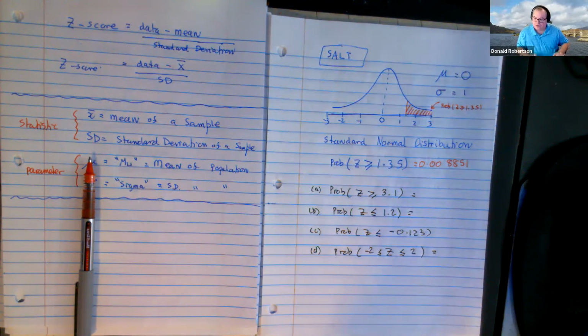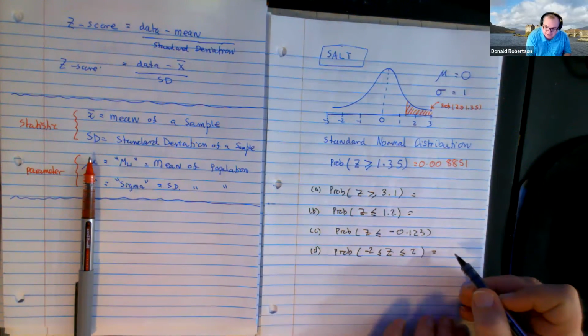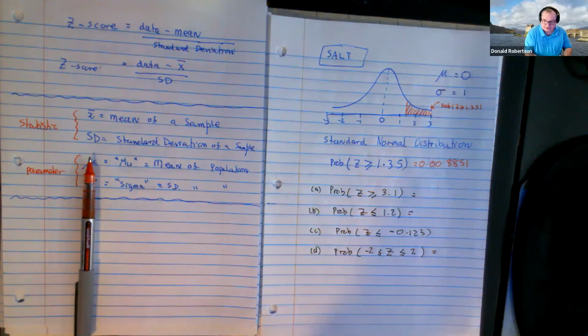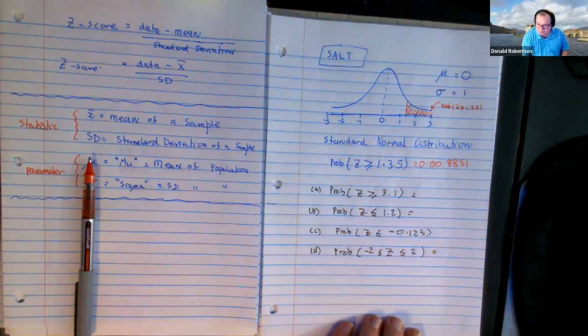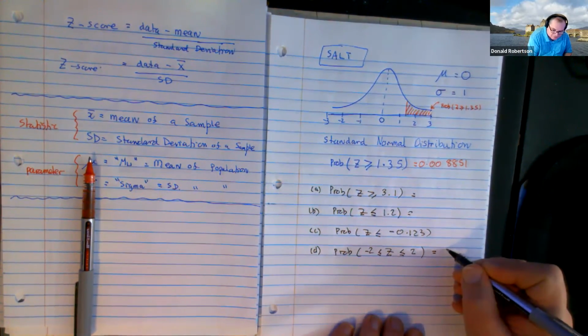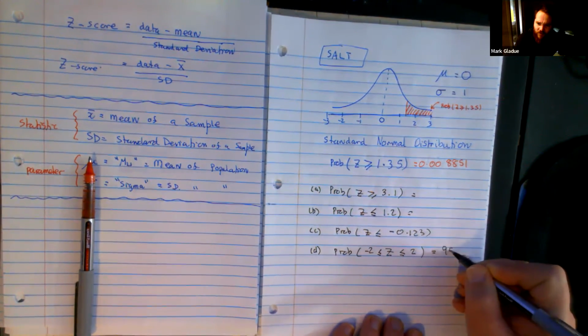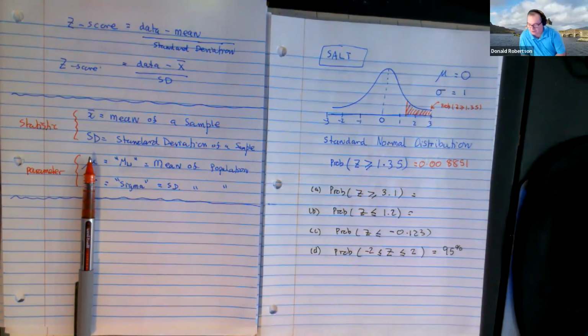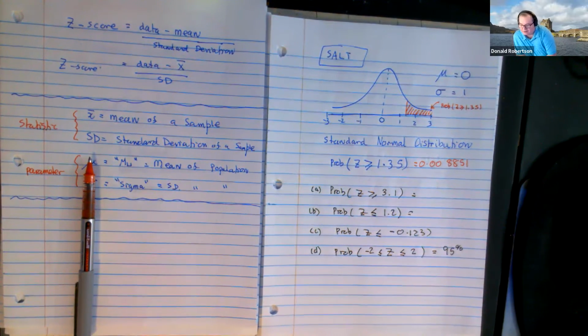How much is 2? In fact, it's got a weird name that tells you the answer, isn't it? 68, something, something, something. 68, what's the next one up? 95. Okay, correct.